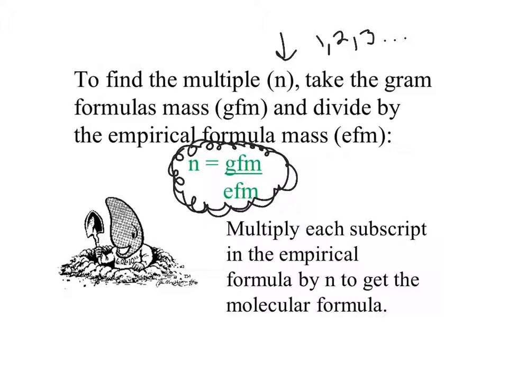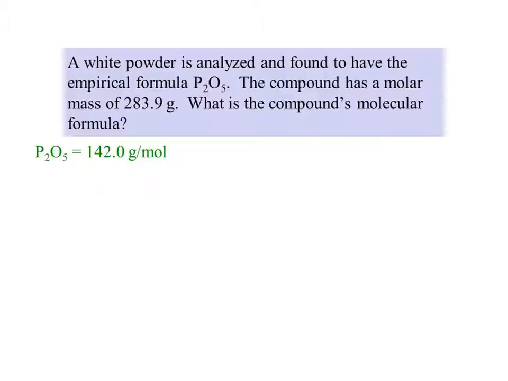So what we have to do is take the gram formula mass of the compound, and we are going to have to divide it by the empirical formula mass. Once we find the multiple N, and it's going to be some sort of whole number, we're going to have to multiply each subscript by this N in order to get the formula.